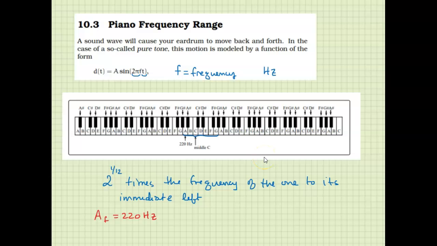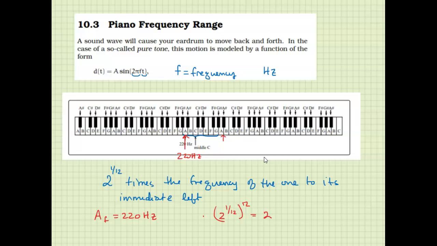Since there are 12 keys in a sequence, if you start with a key on the keyboard and multiply by 2 to the 1 over 12 twelve times, you end up with 2. So by the time you go to the next A, this A right here is 220 hertz.